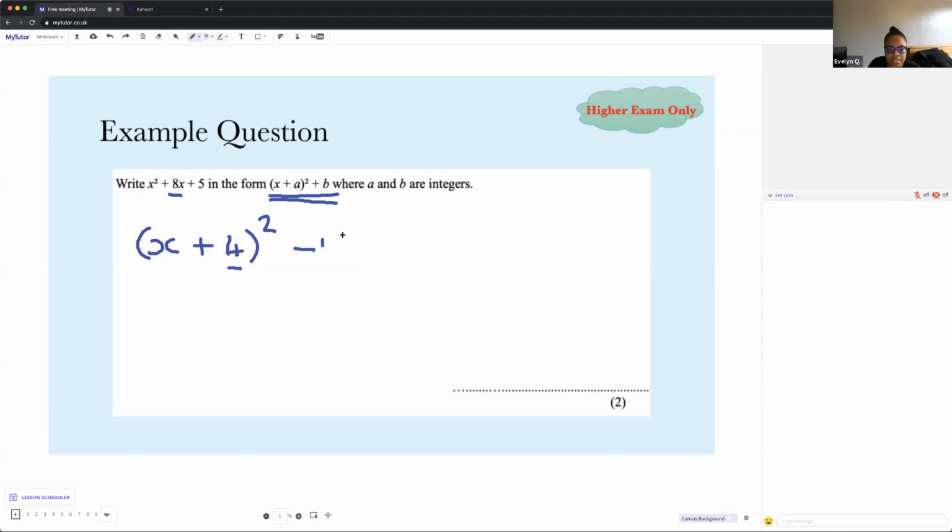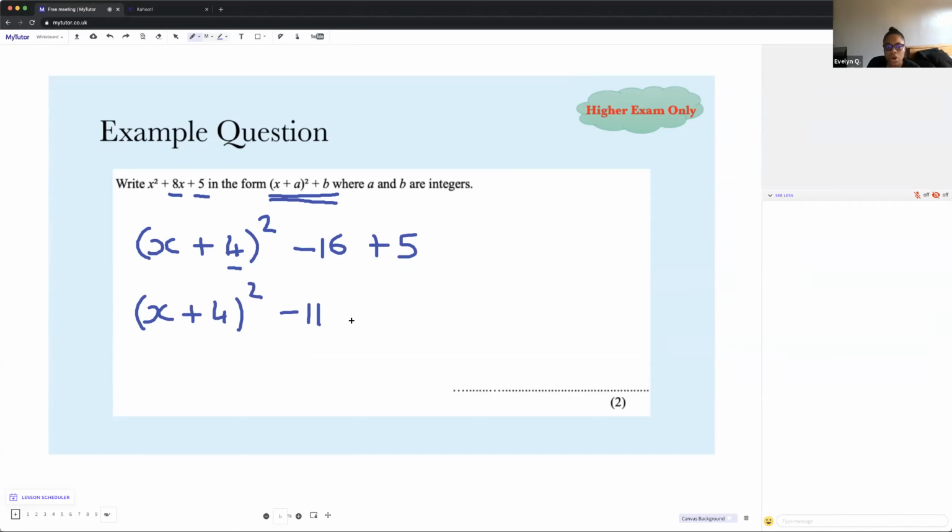So we're going to subtract 16. And then we're going to add on that 5 that we had in the original expression. And then to simplify it fully, we've got x plus 4 squared, and then minus 16 plus 5 is minus 11. So that would be your answer. x plus 4 squared minus 11.